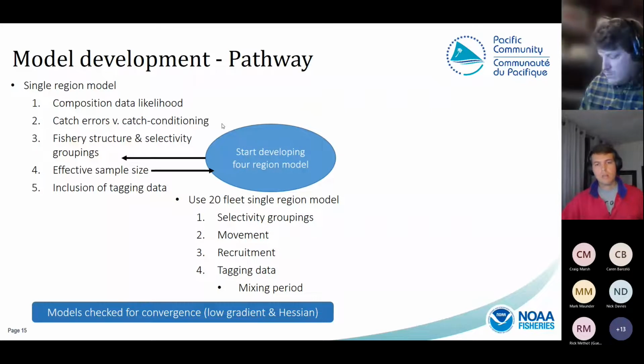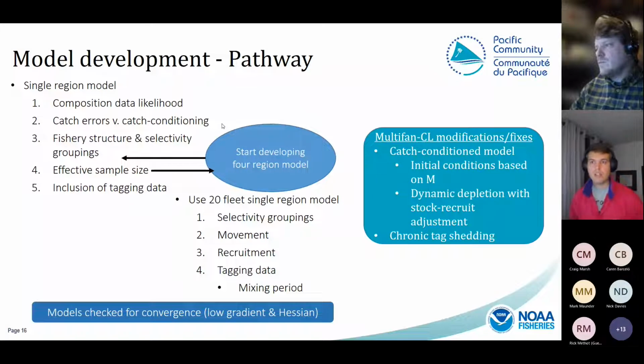We took a look at the selectivity groupings at that stage as well, in conjunction with the single region model, and then started to layer on some of those spatial components that I mentioned before: the movement, the recruitment processes, the tagging data, and the mixing period associated with the inclusion of that tagging data. The models, at every step in the model development, were checked for convergence, so looking for low gradients and a positive definite Hessian solution.